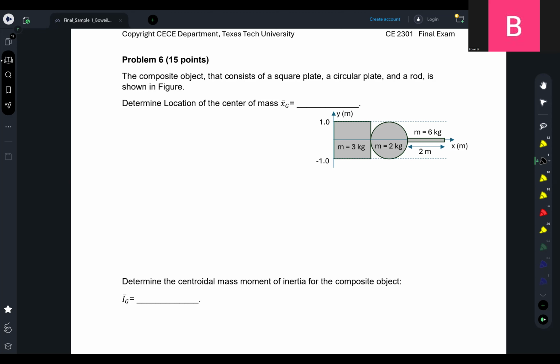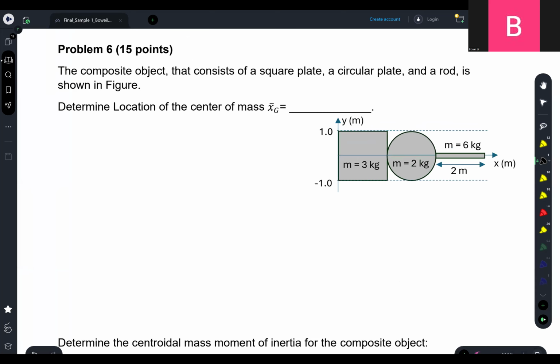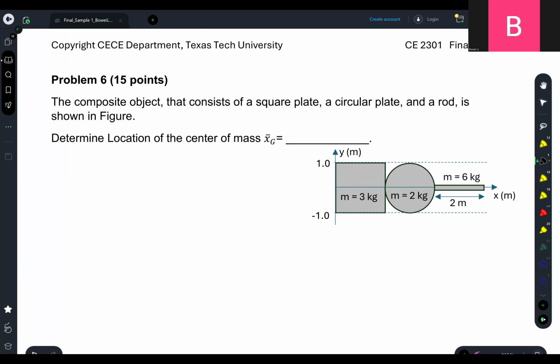But again, since it is a composite object, we need to divide it into regular objects, right? So now we can go ahead and approach that first to determine the location of the center of mass.